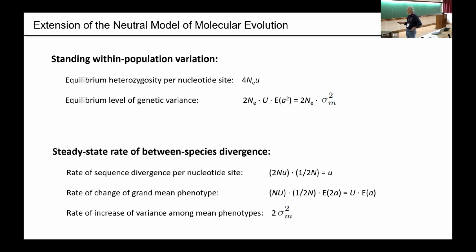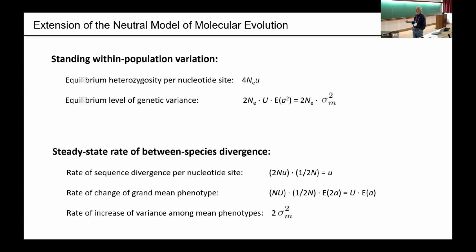And then we can think about steady state rate of between species divergence. And we've known a lot about that for a long time at the molecular level. This is one of molecular evolutionary biology's laws in the neutral theory of molecular evolution. What is the rate of sequence divergence over time?